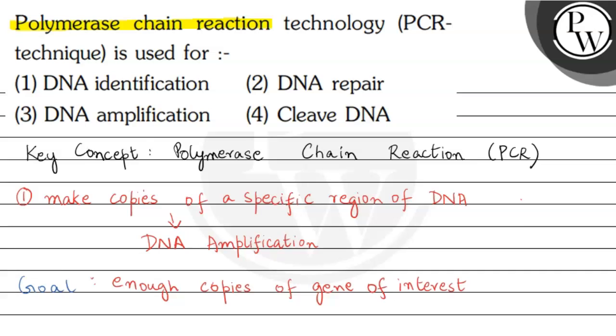Because working with a very low quantity of DNA is difficult, therefore we can make several copies of a single DNA template and then use it for various purposes. So this is the main goal of polymerase chain reaction.